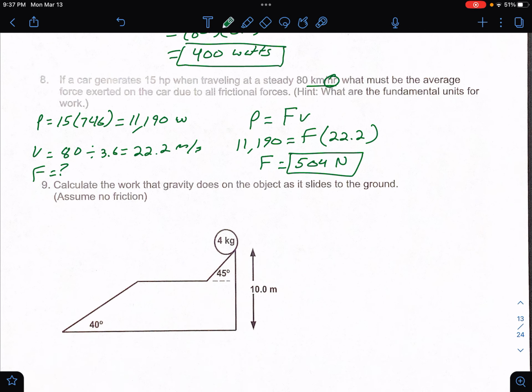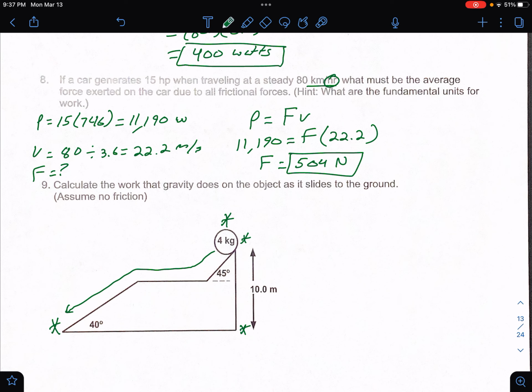Number 9. Calculate the work that gravity does on the object as it slides down to the ground. All I care about is where it is here and where it is here. It does not matter that it's doing this whole path right here. I want to know how much work gravity is doing to bring it from this height down to this height. So I do not care about horizontal distance at all.